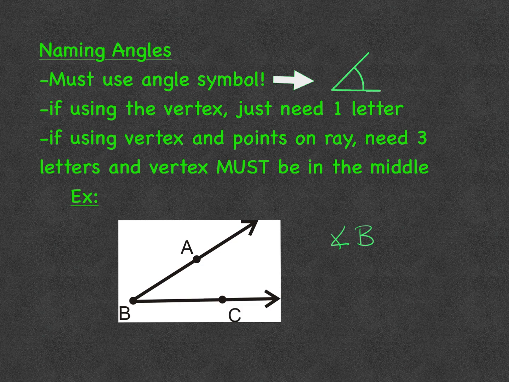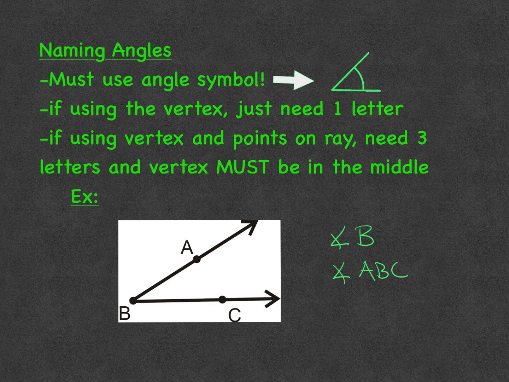So if I use three letters though, the vertex has to be in the middle. So I start with one of the points on the ray, and think about you're driving down the road. If I'm at A, I'm going to drive down the road to B, then over to C. So I can have angle ABC.